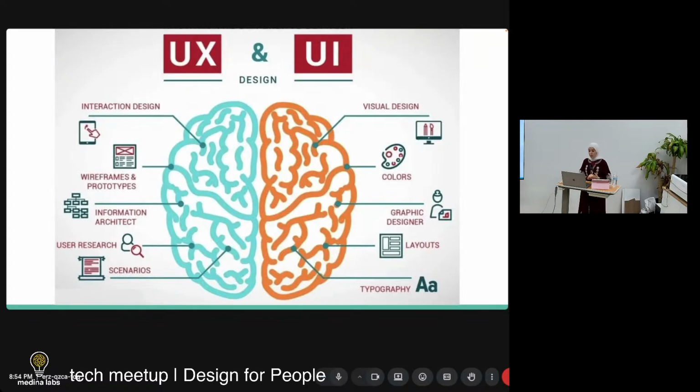This is just a nice illustration that shows the difference between UX and UI. I'm sure you've heard these two terms, user experience and user interface. User experience is about the interaction between the user and the product, like how they navigate it. During that, you create wireframes, prototypes, you work on the information architecture, and you also do user research.